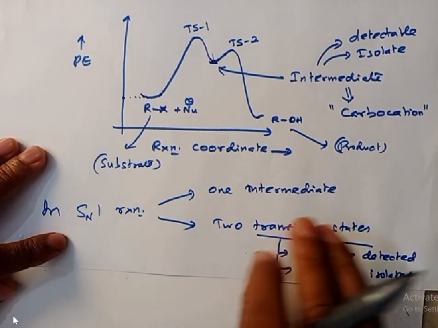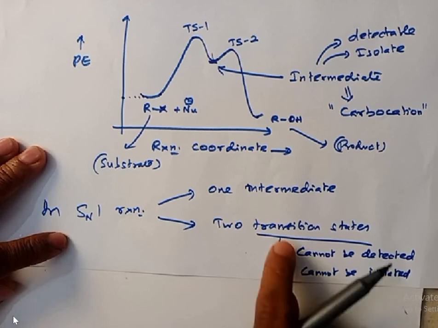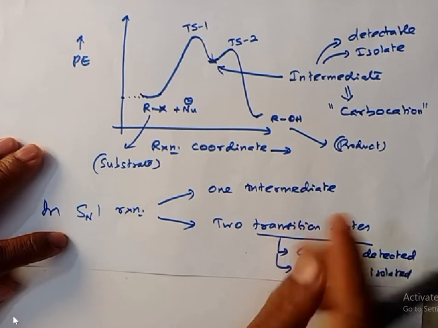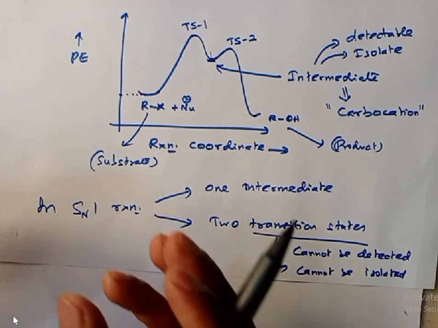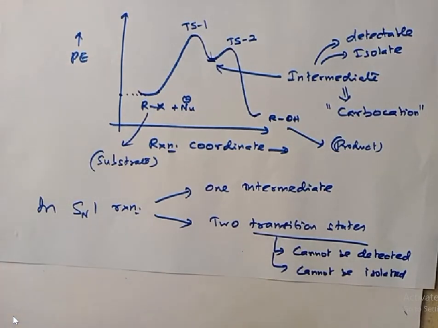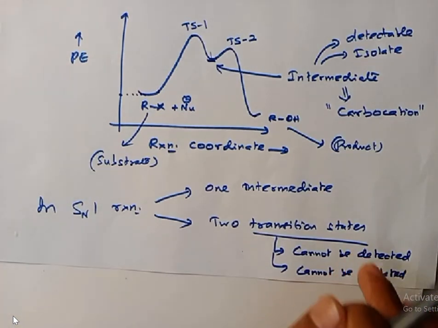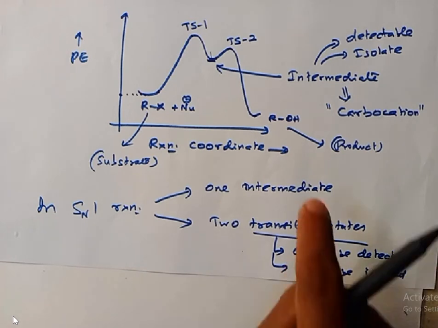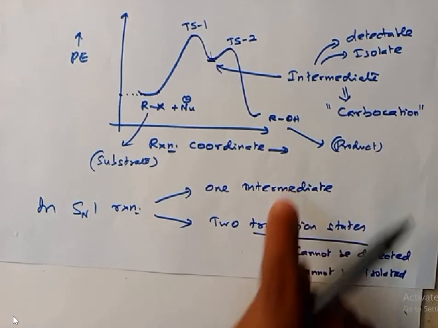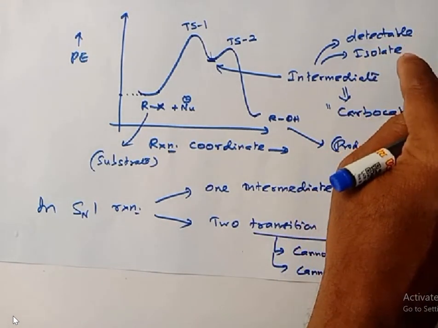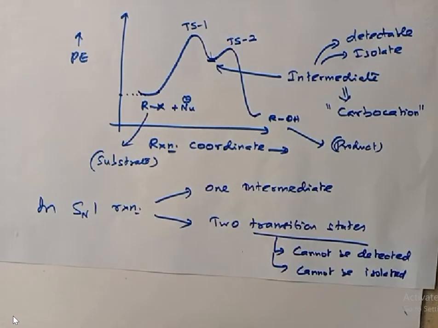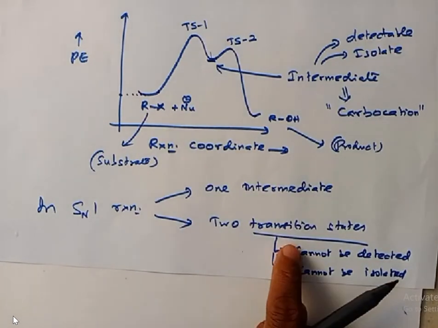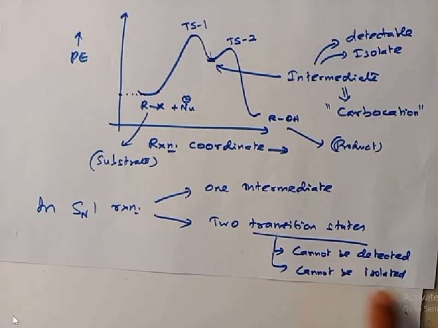Through some computational method, you can say that a transition state appears or looks like this, but you cannot prove it through any experimental technique. That's the difference between a transition state and an intermediate. An intermediate is detectable, and you can isolate it, whereas a transition state you cannot detect and cannot isolate. That's the main point you should keep in mind.